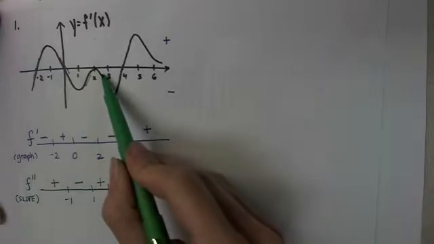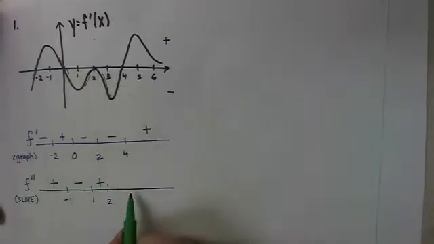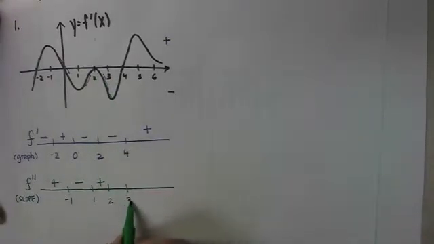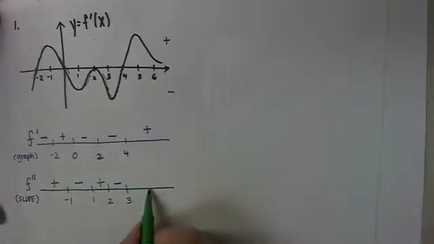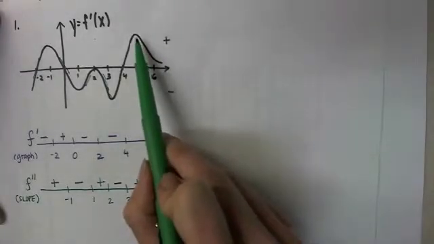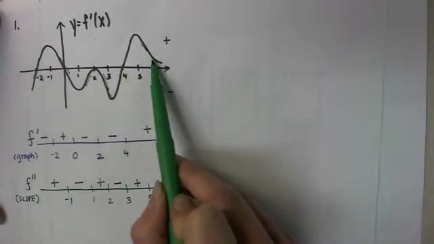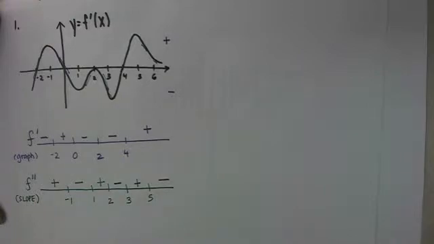The slopes are negative between 2 and 3, and positive again between 3 and 5. After 5, the rest of the slopes of this graph are negative. So there are lots of potential inflection points where the second derivative is changing sign, or where the function is changing concavity from concave up to concave down.